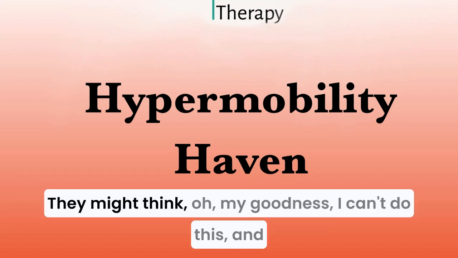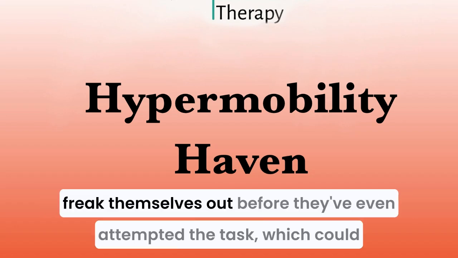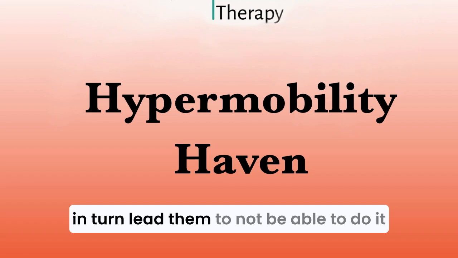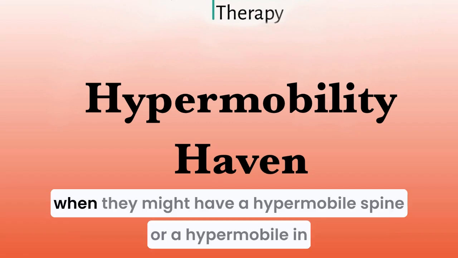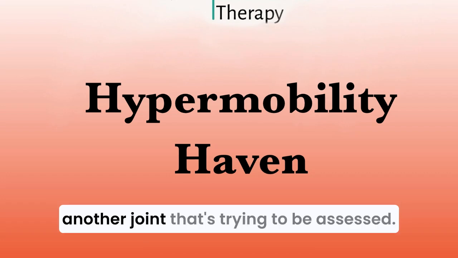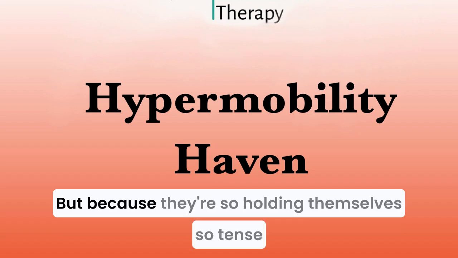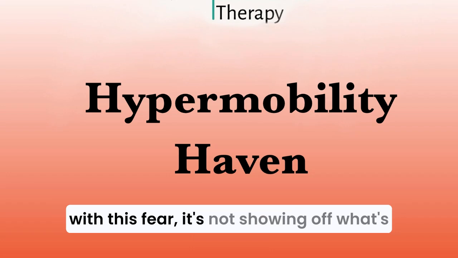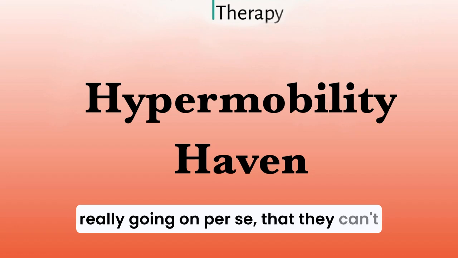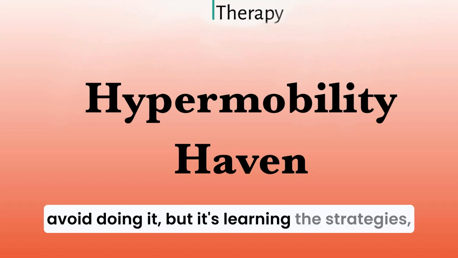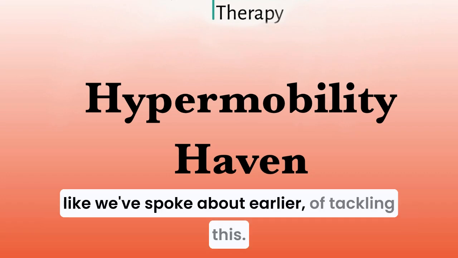They might think, oh my goodness, I can't do this, and freak themselves out before they've even attempted the task, which could in turn lead them to not be able to do it when they might have a hypermobile spine or a hypermobile other joint that's trying to be assessed. But because they're holding themselves so tense with this fear, it's not showing what's really going on per se. It's learning the strategies, like we've spoken about earlier, of tackling this.